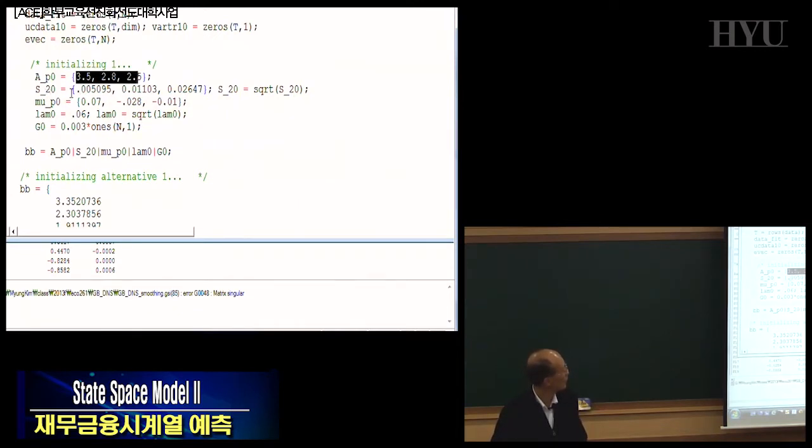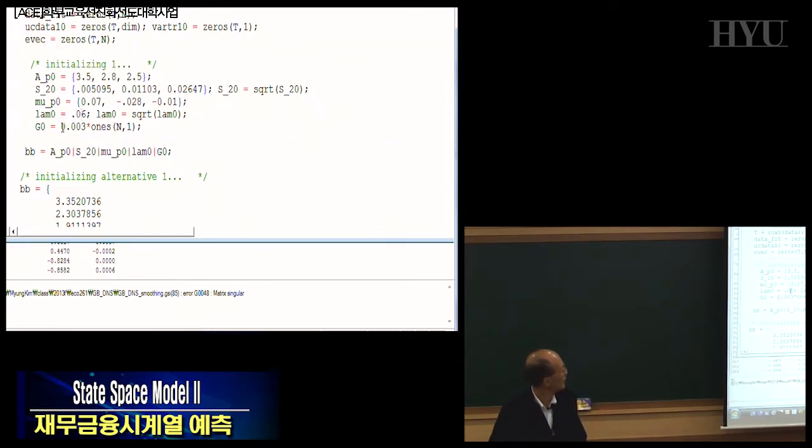Also, in the factor, you have to estimate 3 standard deviations or variances, and 3 mean parameters, and lambda.